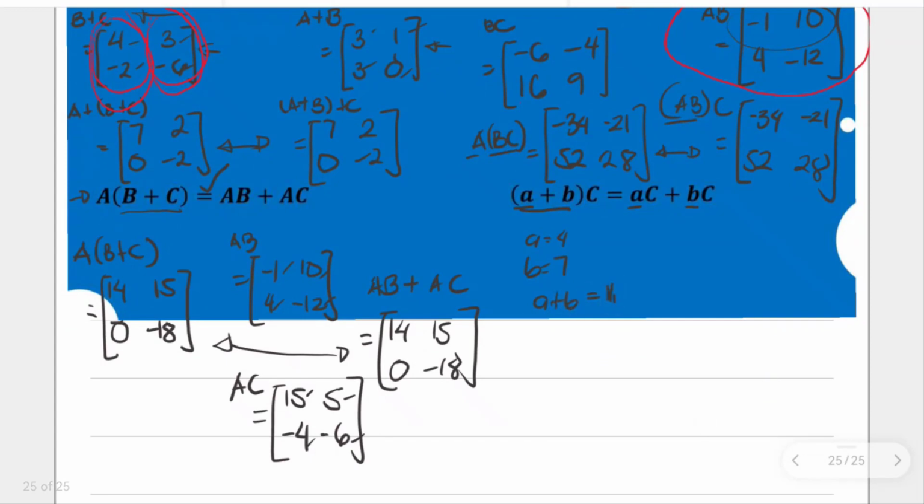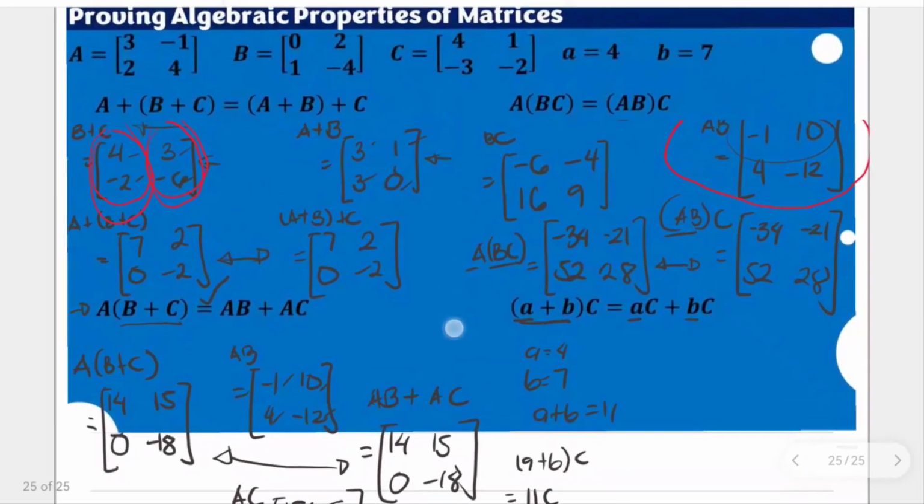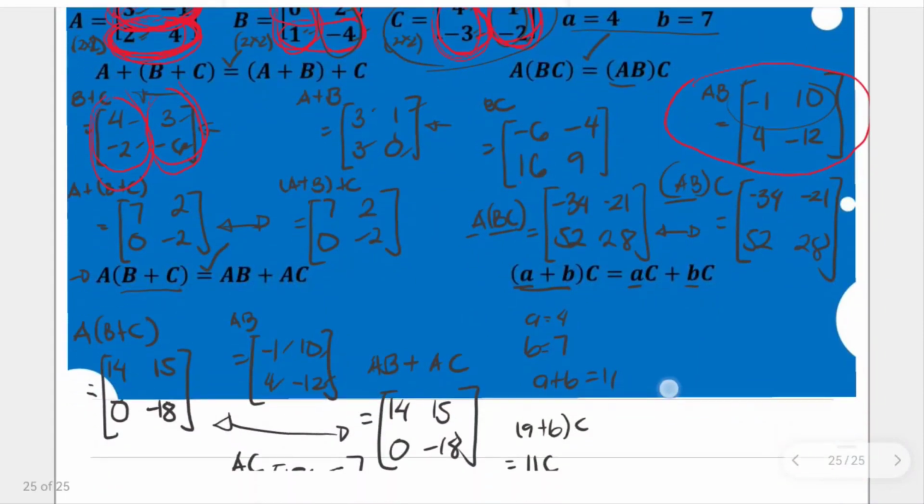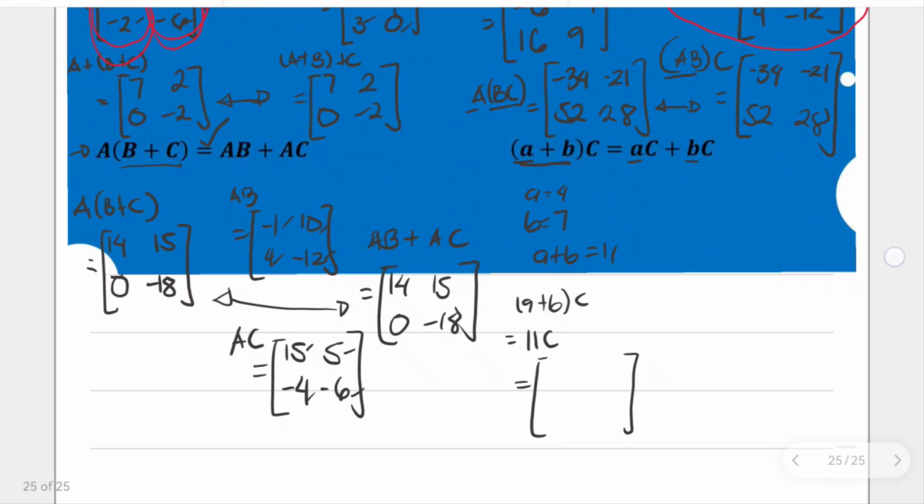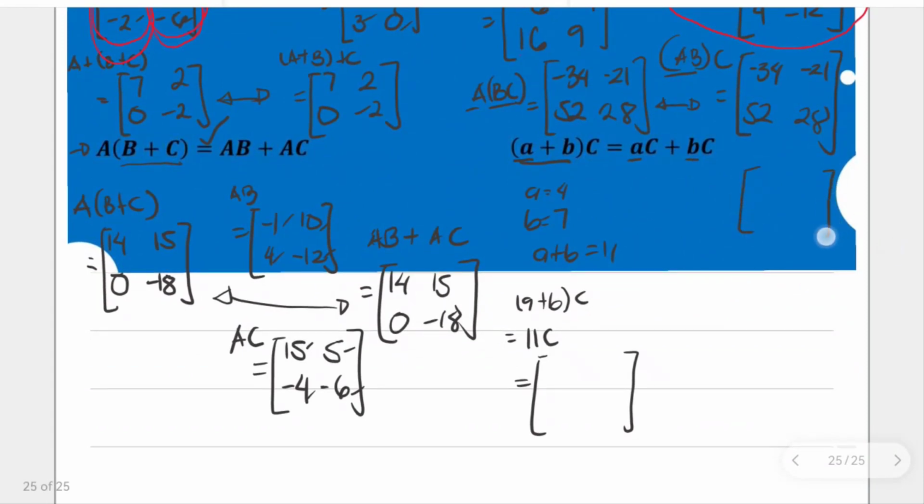So I have A plus B, sorry, that's 11, my bad, 11. So I have A plus B times C is equal to 11C. So simply multiply 11 to all the entries of C. So let me add here the C. Okay.